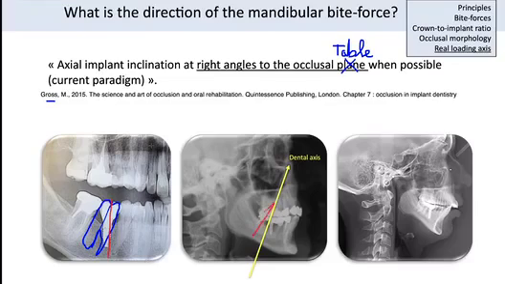This one is more inclined, this one is less inclined, and the result is a curve of Spee. With this simple observation, you know the direction of the force. Because nature takes the best way to absorb the force vertically. So we know very well the direction of the force. And it is not vertical.